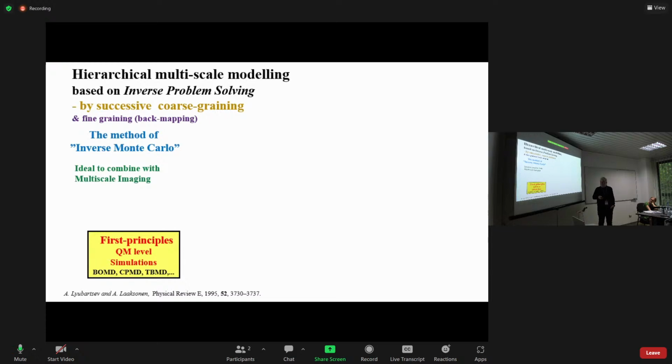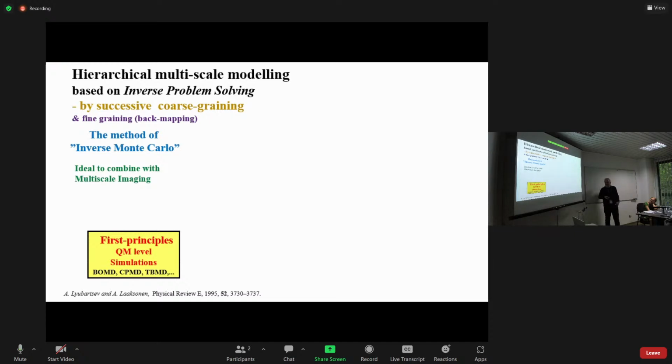So let's start from these first principles simulations. I will not explain these methods, so this means Born-Oppenheimer molecular dynamics, this means Car-Parrinello molecular dynamics, this means tight binding molecular dynamics.